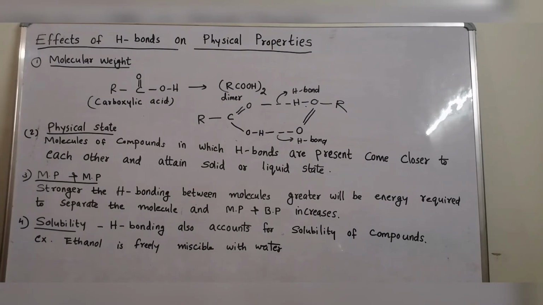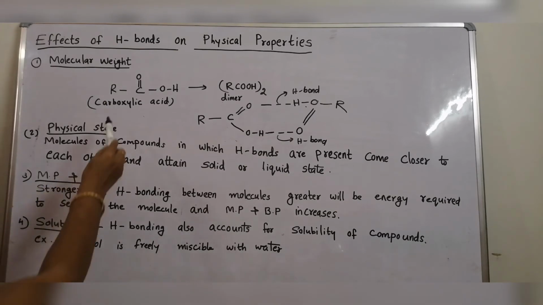Now let us discuss the effects of hydrogen bonds on physical properties. Molecular weight. The experimentally determined molecular weights of a number of compounds come out to be higher than their formula weight. This is due to association of molecules through hydrogen bonds.